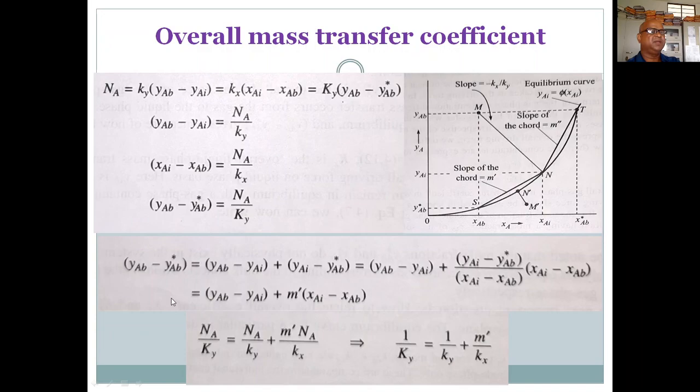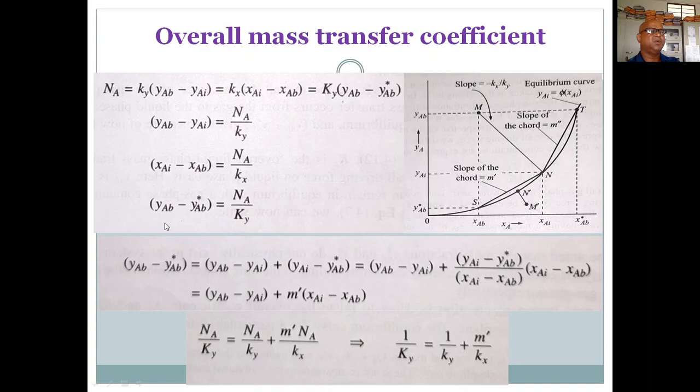Now if it is the case, now this Yab minus Yab star equal to Yab minus Yabi plus m dash Xai minus Xab. Now what is this?